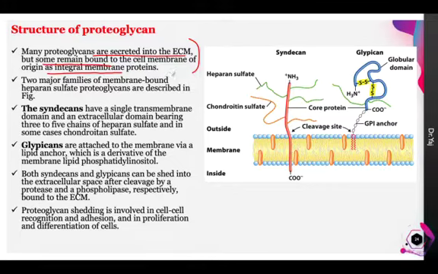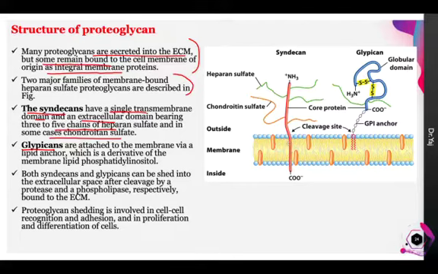And two major families of membrane-bound heparan sulfate proteoglycans have been studied. And these two major families are the Syndecans and the Glypicans. Now, when we look at the structure of Syndecans, we can see that it consists of a single transmembrane domain and an extracellular domain bearing 3 to 5 heparan sulfate and in some cases chondroitin sulfate.